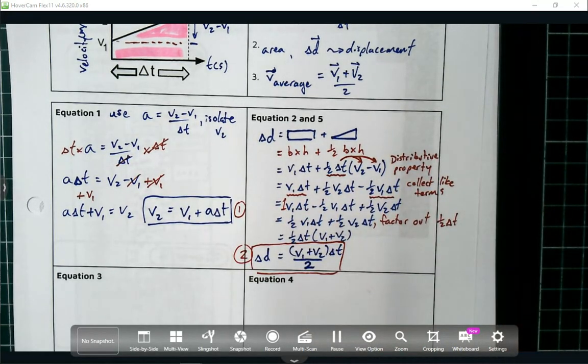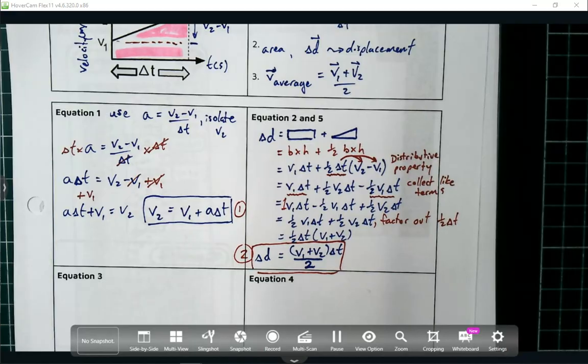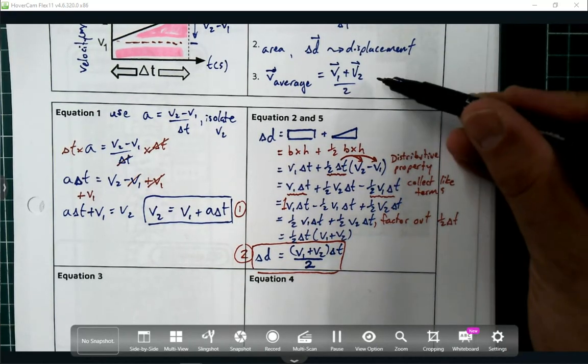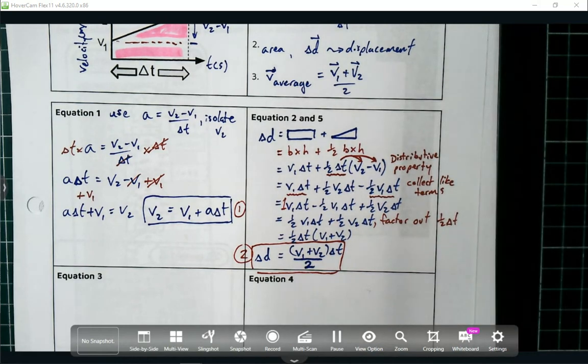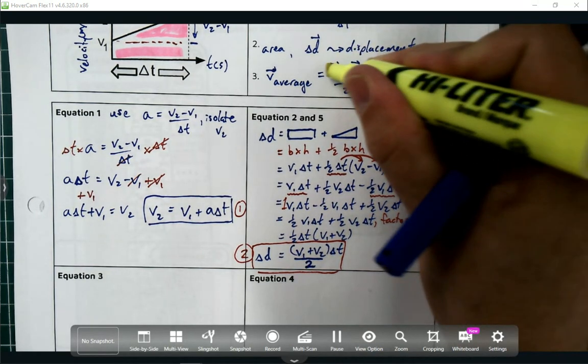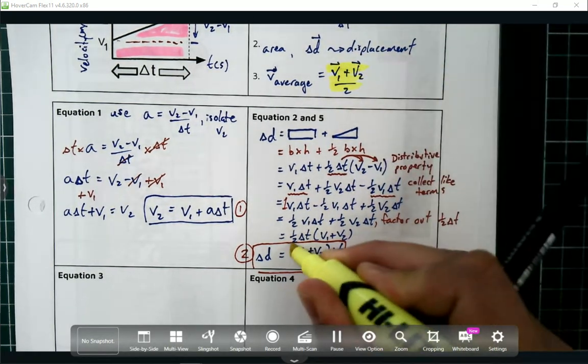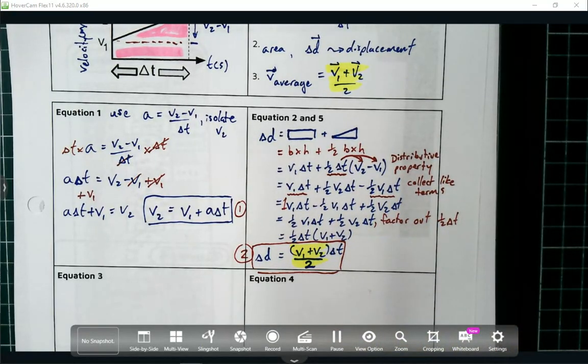But the reason that I might write it like this is because, hey, look, up here, can you see that V1 plus V2 divided by 2? We already declared that to be V average, right? You see what I'm talking about? In fact, if I highlight this thing yellow right now, and I highlight this thing yellow right now, it becomes really obvious that I could just rewrite.